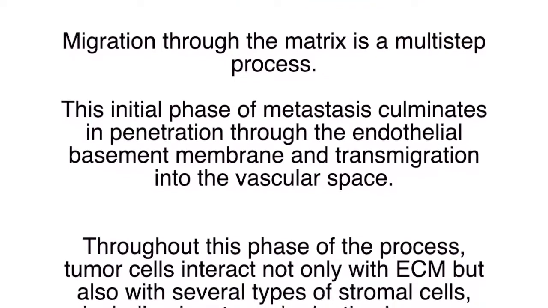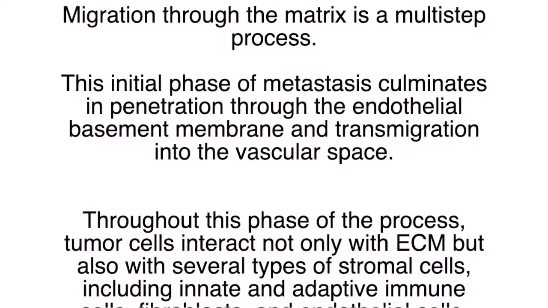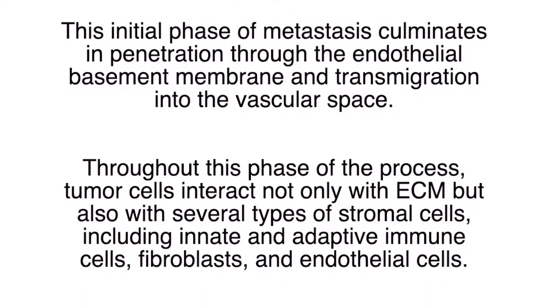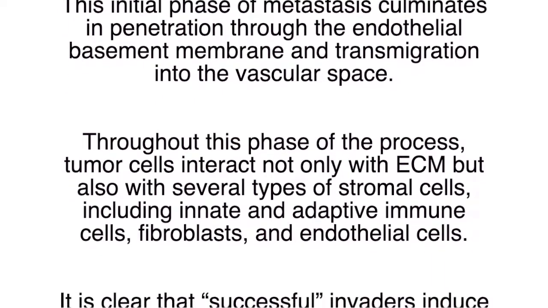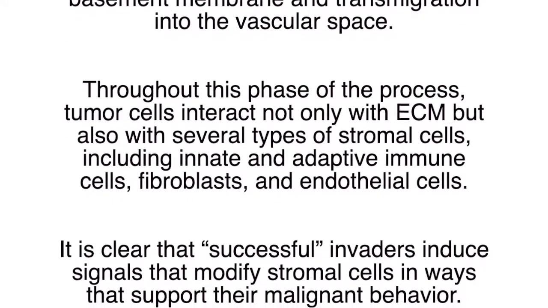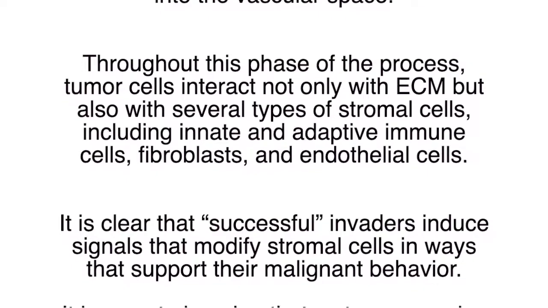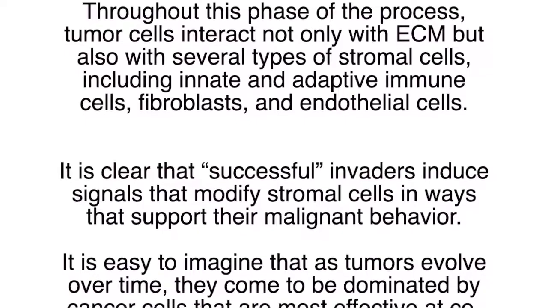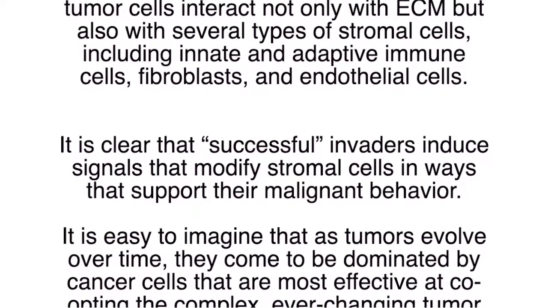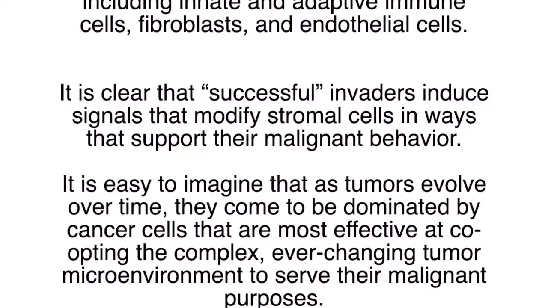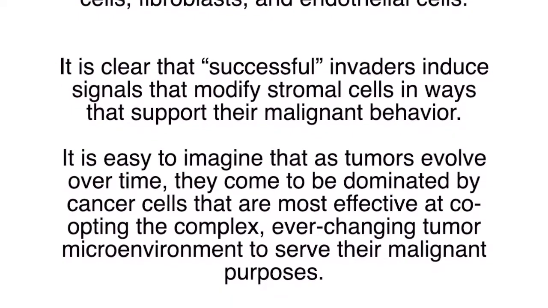Throughout this phase of the process, tumor cells interact not only with ECM but also with several types of stromal cells, including innate and adaptive immune cells, fibroblasts, and endothelial cells. It is clear that successful invaders induce signals that modify stromal cells in ways that support their malignant behavior.